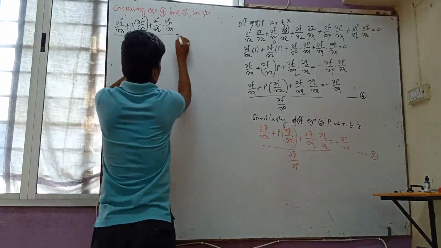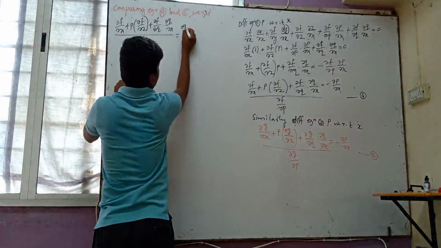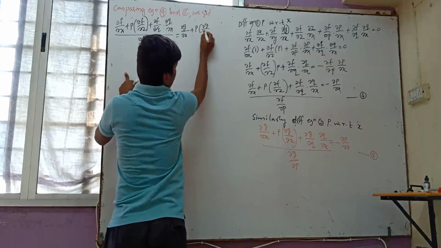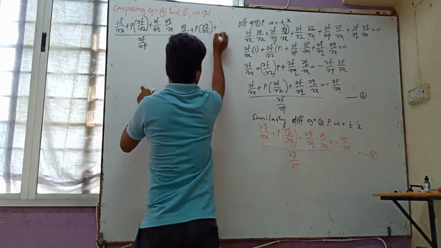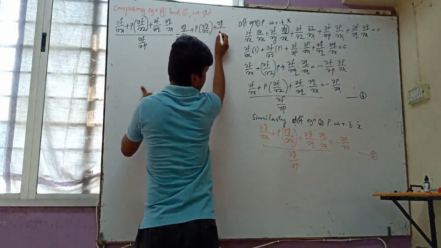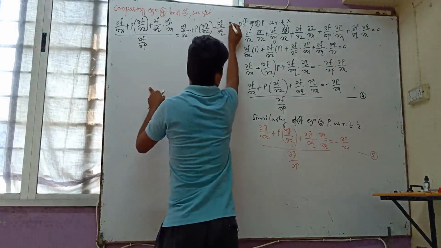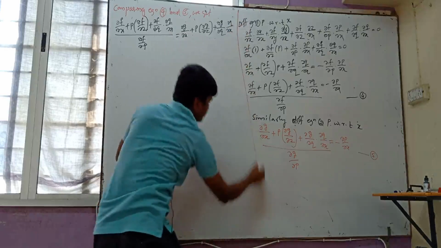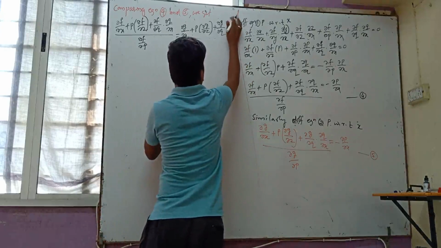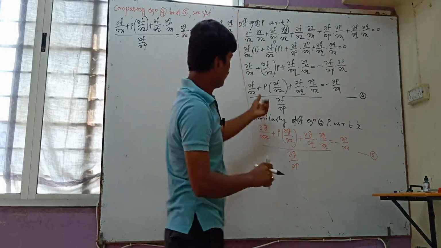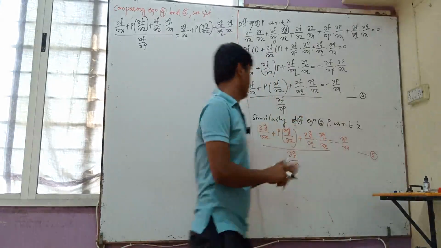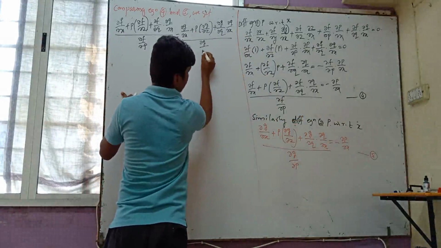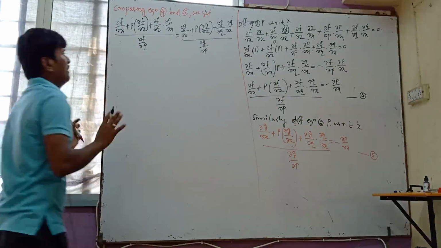This is equal to the next equation: ∂g/∂x plus p into ∂g/∂z plus ∂g/∂q into ∂q/∂x, divided by ∂g/∂p. See here, I am just comparing equations 4 and 5 because the RHS is the same. So I am taking out a simple simplification here.